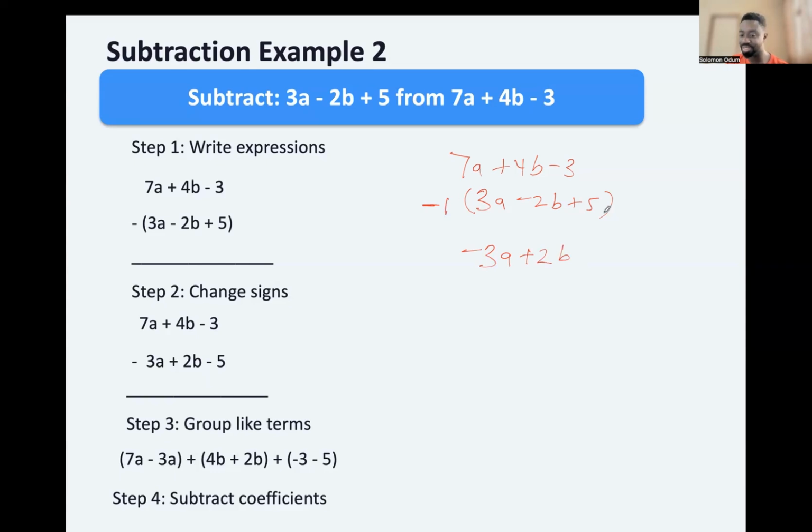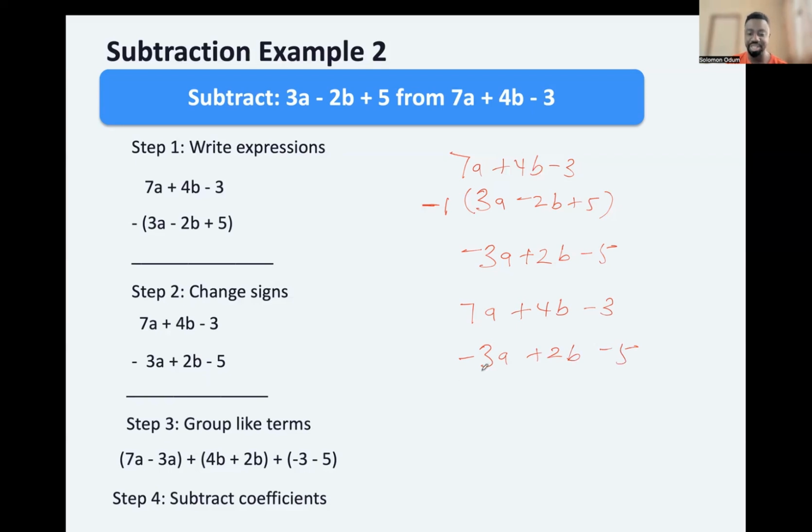And minus 1 times positive 5 is minus 5. The first expression stays: 7a plus 4b minus 3. So we have minus 3a plus 2b minus 5.